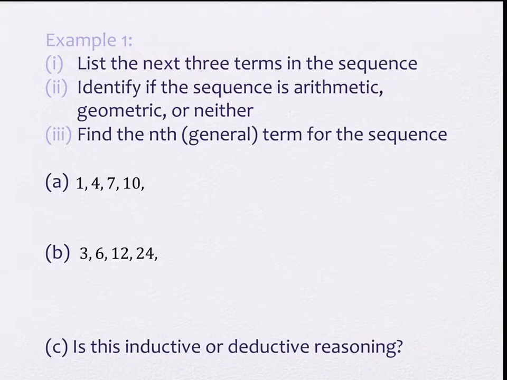So for starters, we have on part A 4 numbers given. What would the next 3 numbers be? 13. Okay, and how did you get between those? Patterns, adding 3. Did everybody see that? So perhaps at some point somebody asked you, well, what's the common difference?